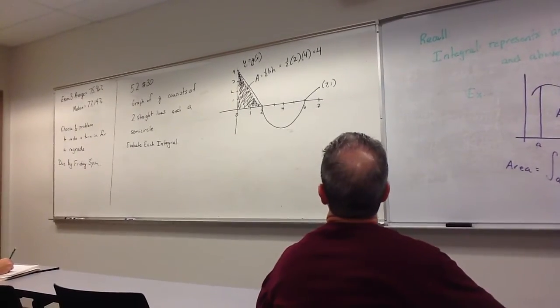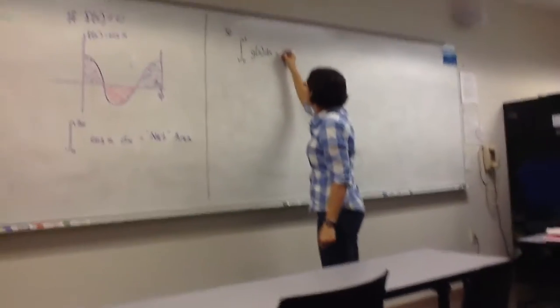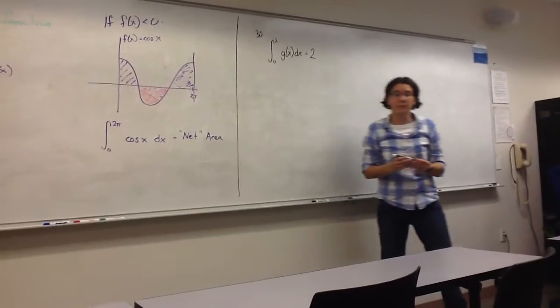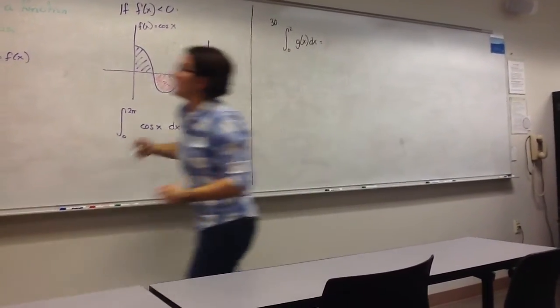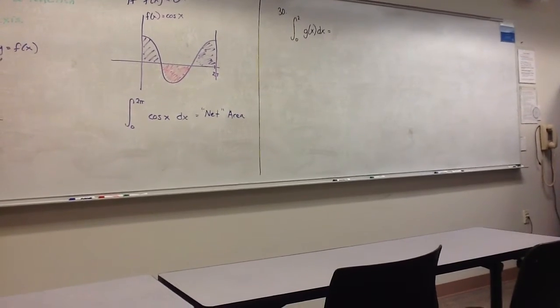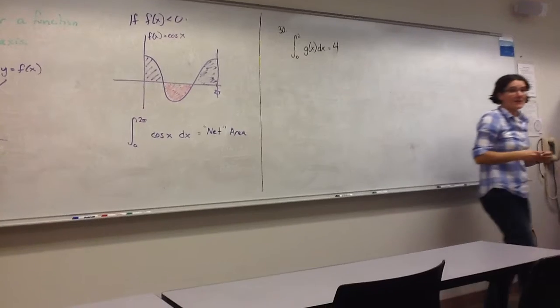We started the area at x equals 0, and we stopped the area at x equals 2. And so the integral from 0 to 2 of g of x dx is equal to, no, 4. It's equal to this number right here, which is 4. Okay, any questions about that?